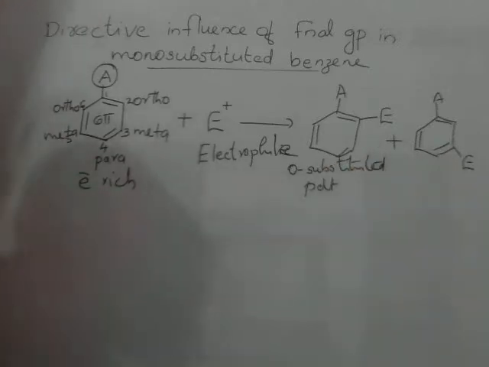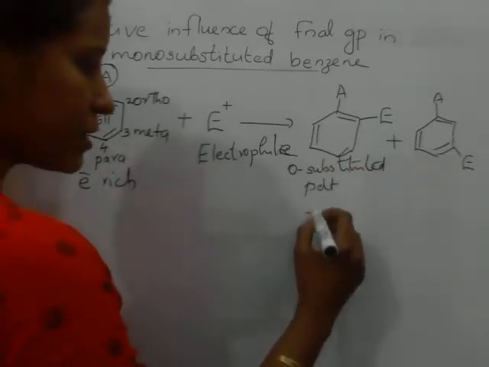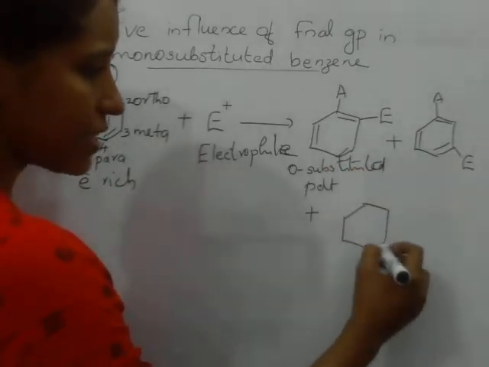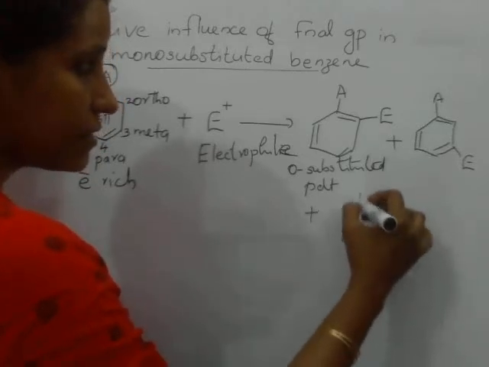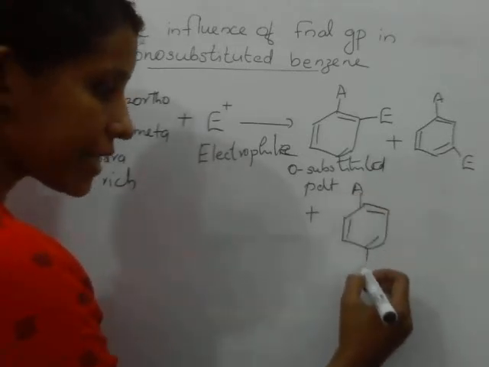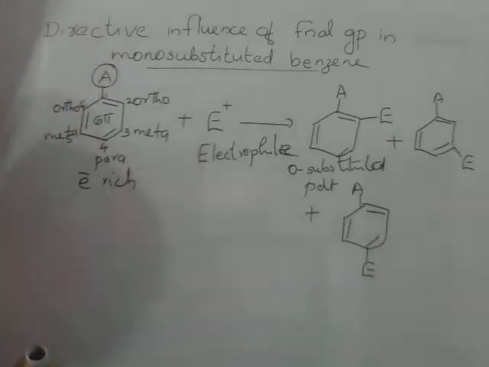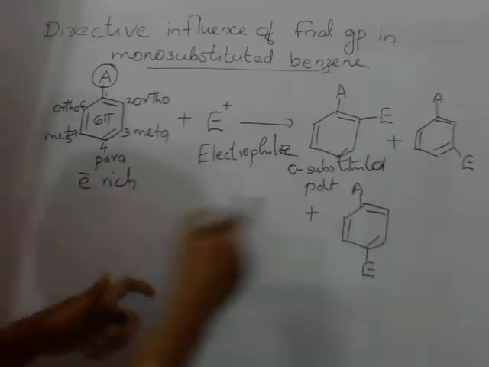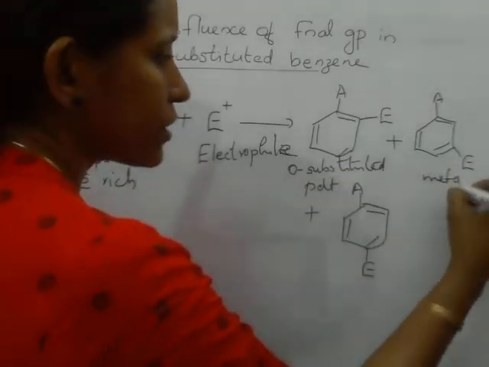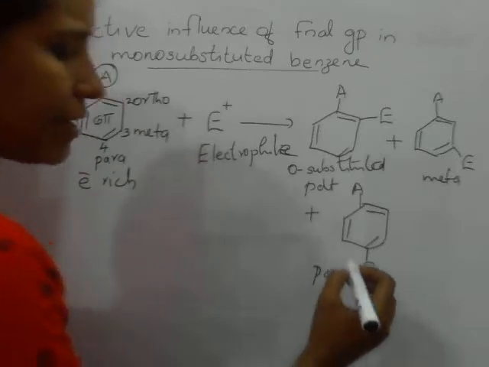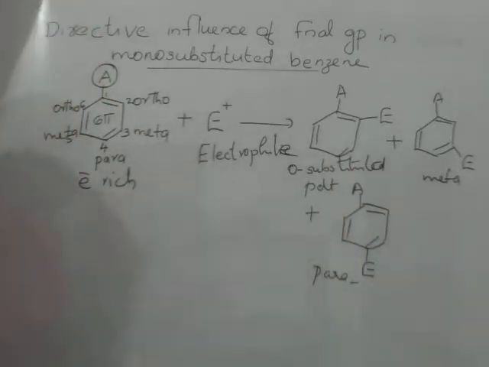Substitution takes place in the meta position. There is one more possibility, that is, the electrophile attacks the benzene ring in the para position and substitutes the hydrogen atom present on the para carbon atom. So 3 products are obtained: ortho, this is the meta product, this is the para disubstituted product.